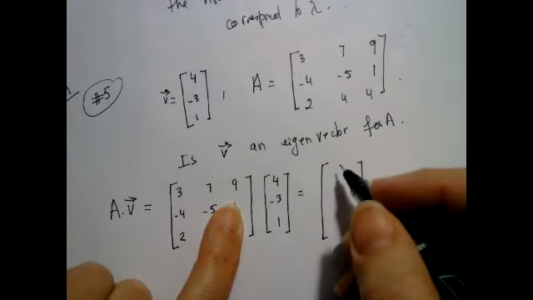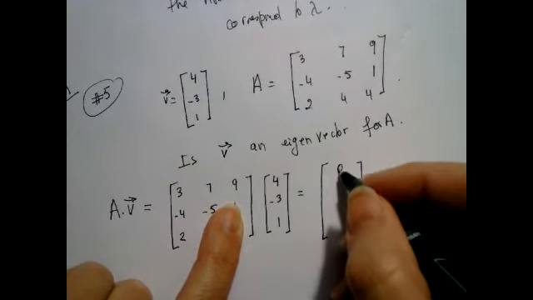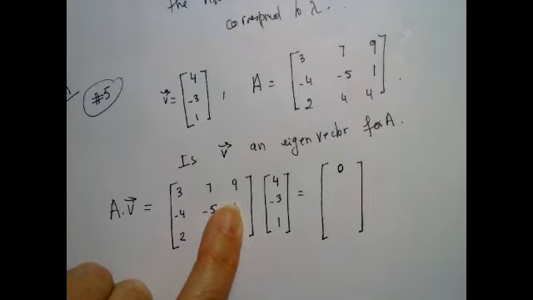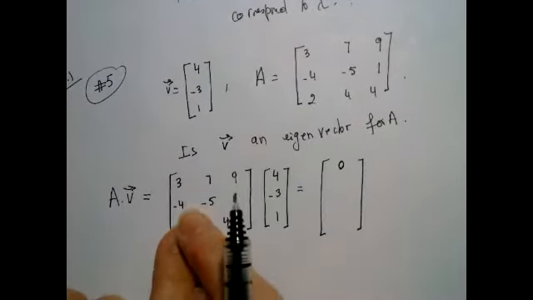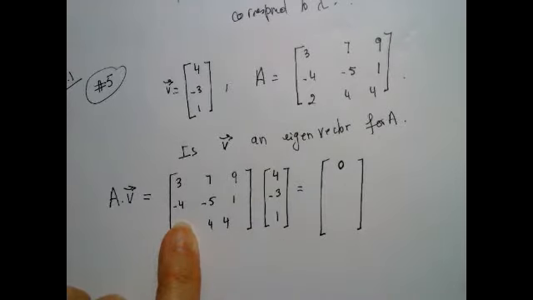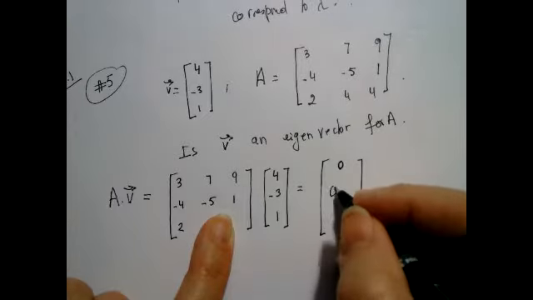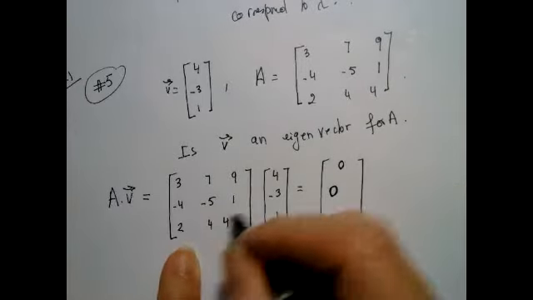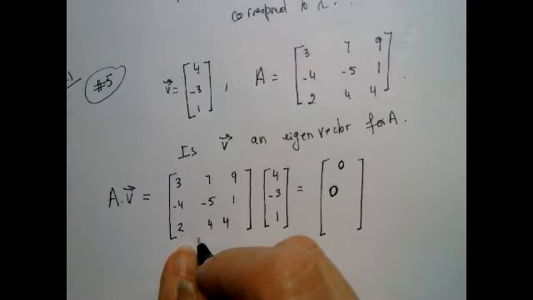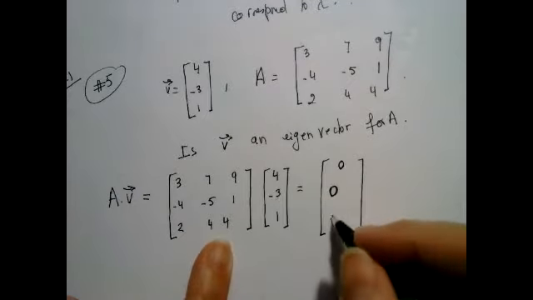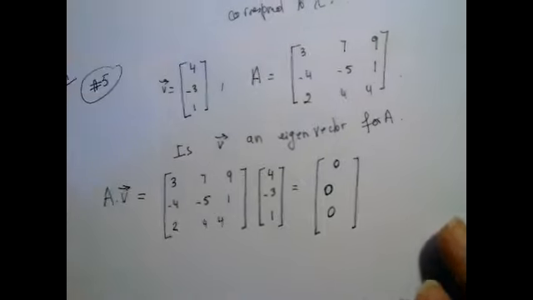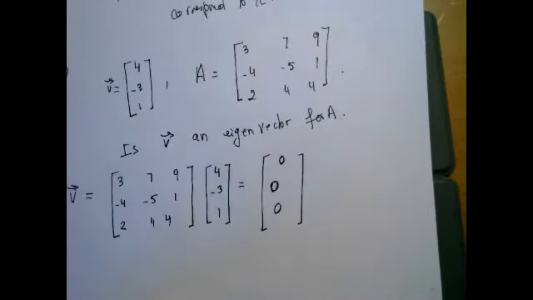That's going to give me 0, right? And then minus 16 plus 15 plus 1, I'm getting 0. And 2 times 4, 8, minus 12, plus 4. I'm going to get 0. All give 0, absolutely.